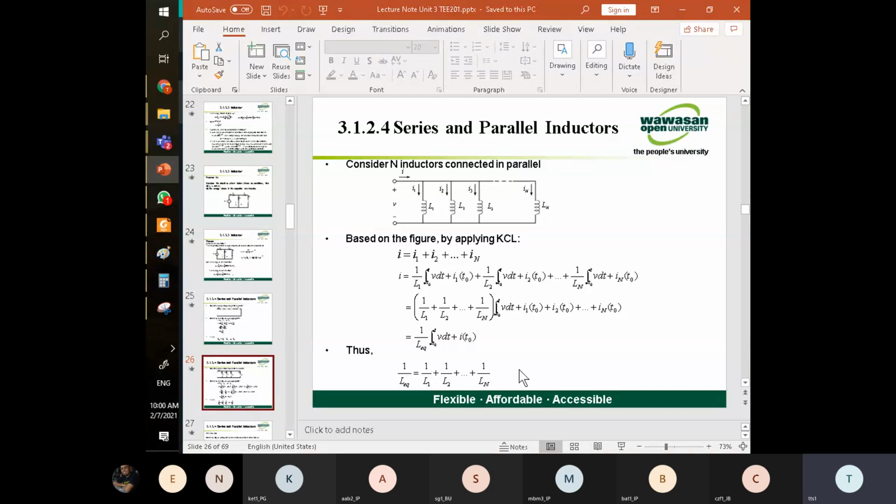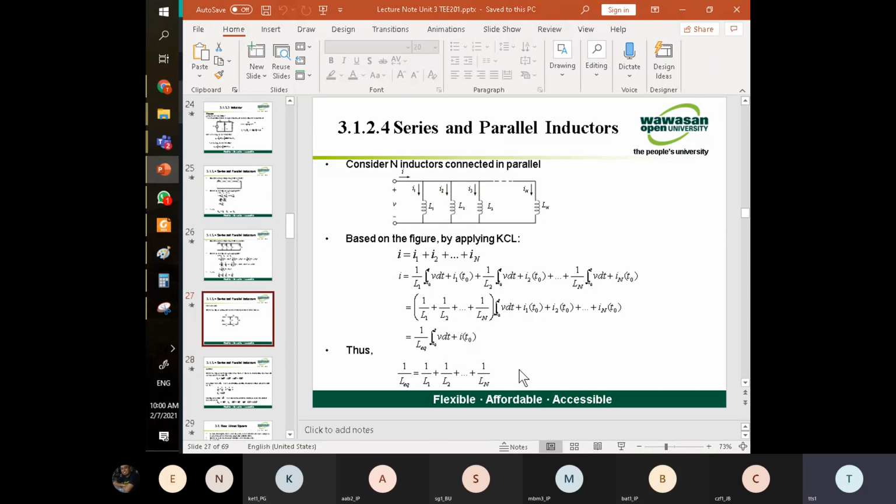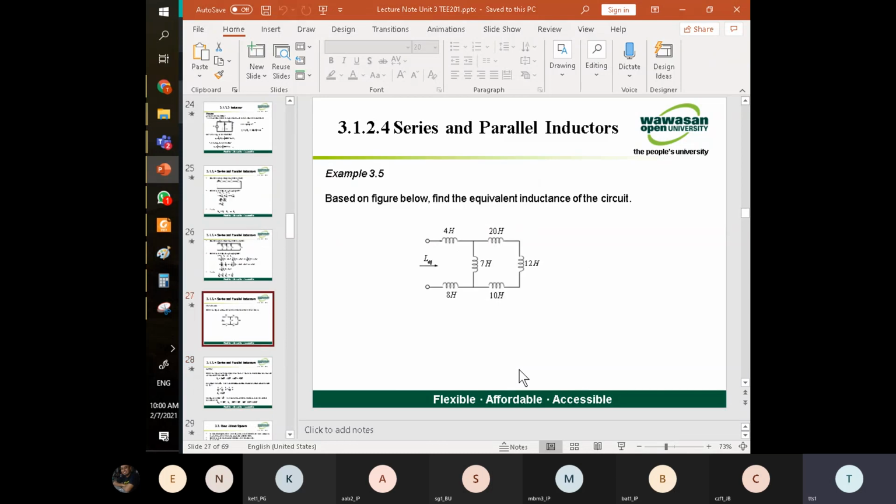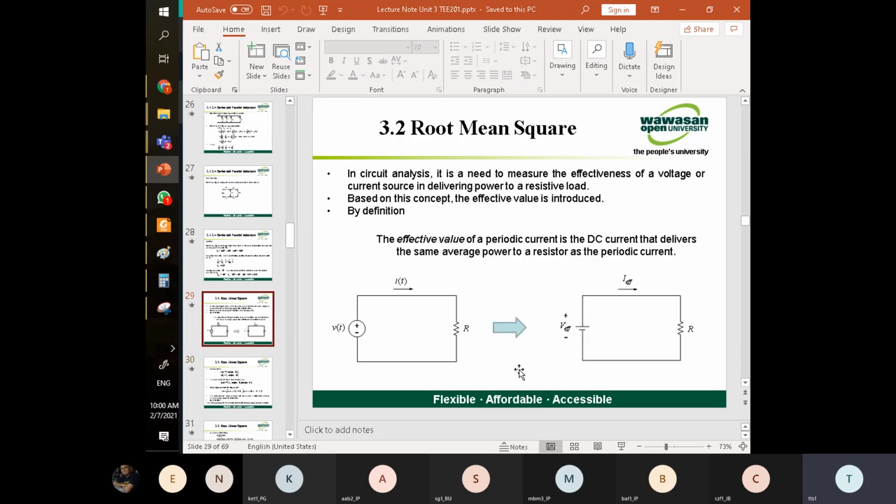When it comes to the AC circuit, the capacitor and the inductor oppose each other, totally 180 degrees different.